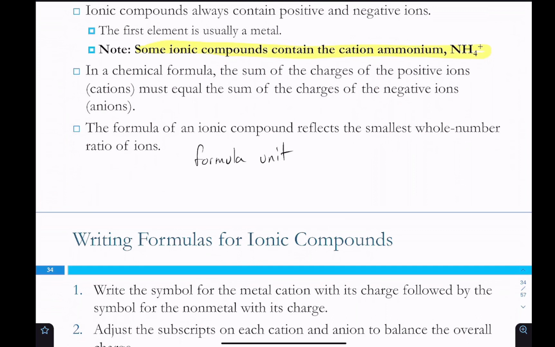You could almost think of an entire crystal of salt, sodium chloride, as one molecule, but it's not really a useful definition for a molecule of that size. So we boil it down to that formula unit because that's more useful. Yeah, ratios. So they're slightly different.